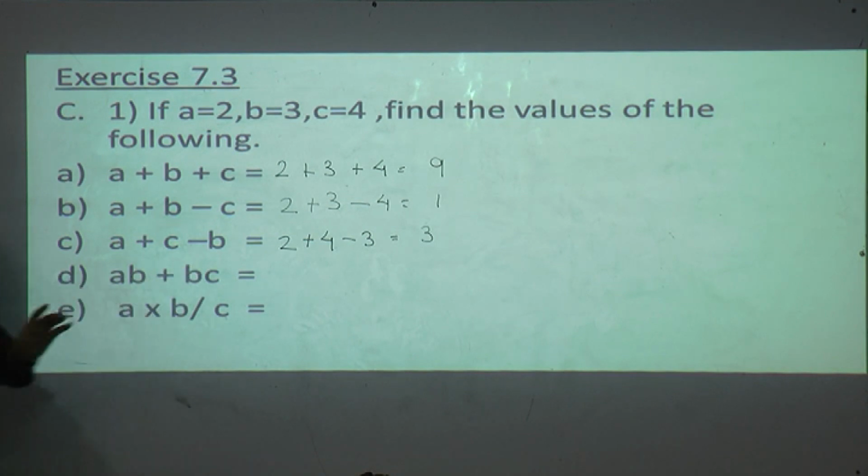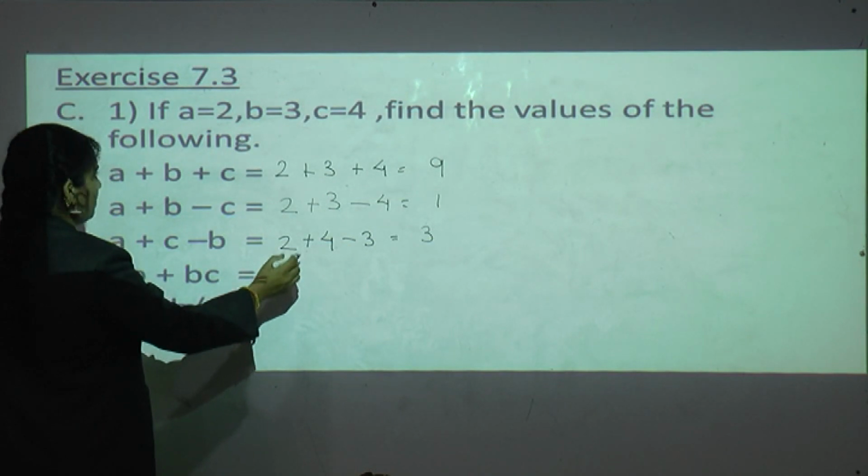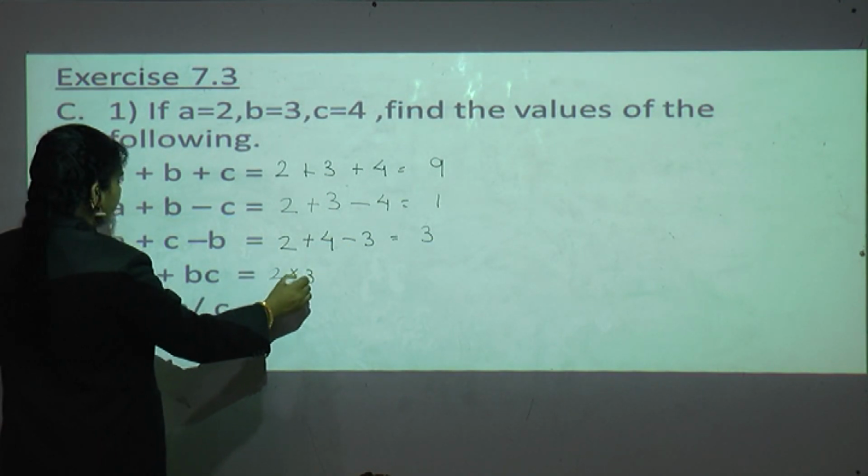Again D1 now. AB plus BC. Now students, don't forget, here between these two letters multiplication is there. So you may do the addition, okay, but here is a multiplication between these two letters. So value of A is 2 and B is 3.